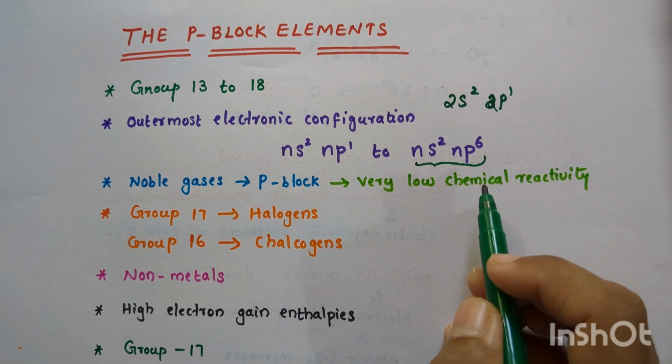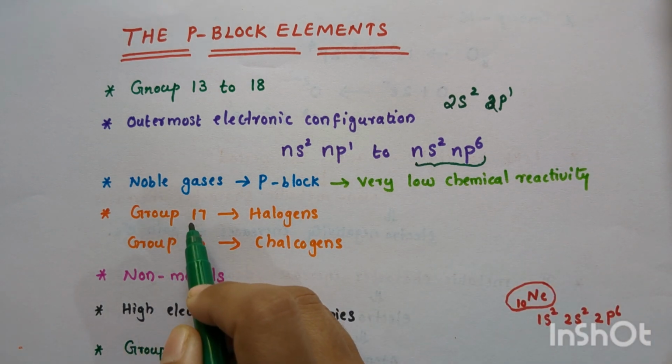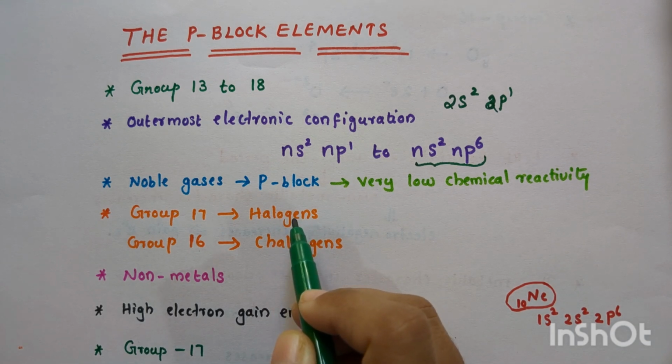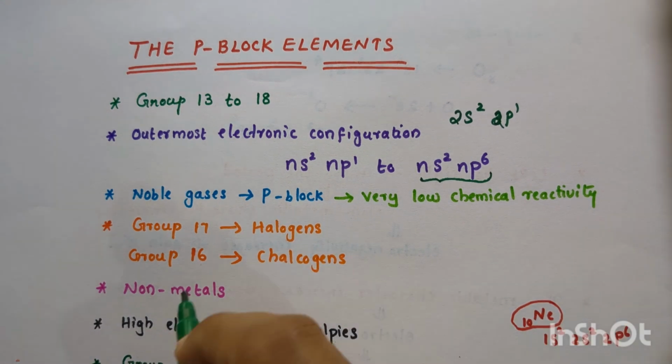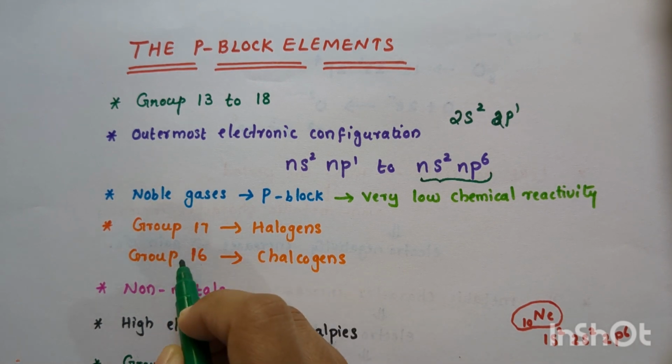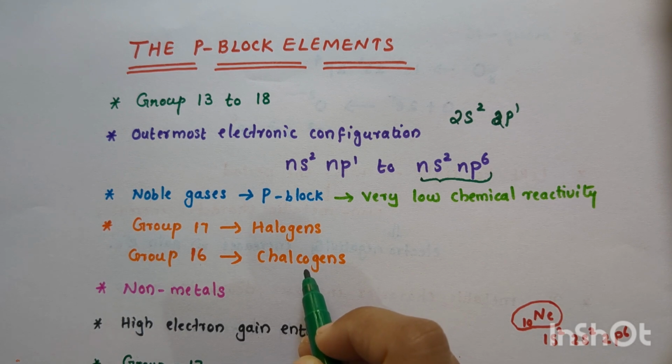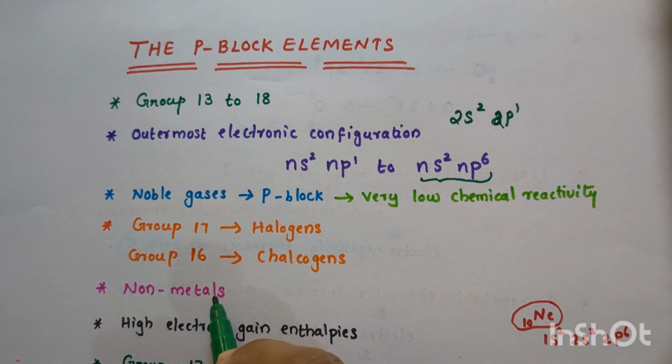When we consider the group 17 elements, they are called halogens. They also belong to the P block category. The group 16 elements are called chalcogens, and they also belong to the P block. The elements of these two groups, halogens and chalcogens, are generally non-metals.